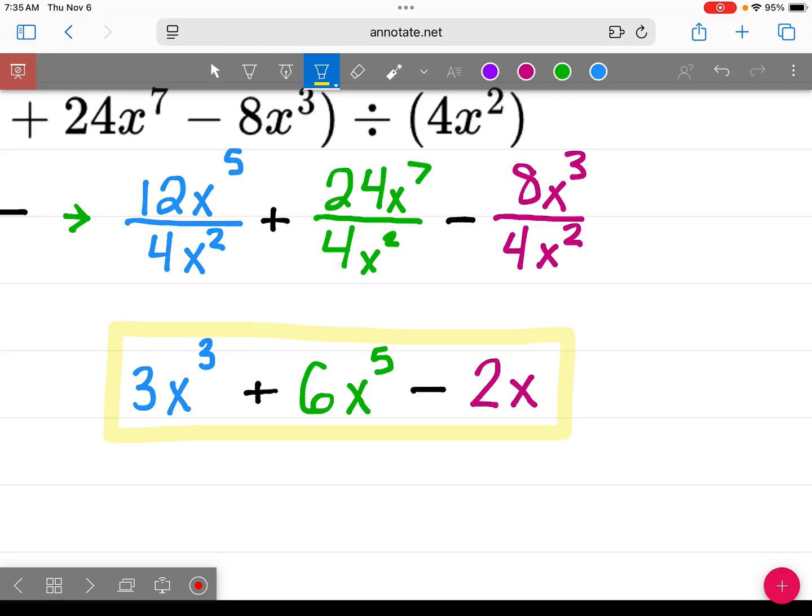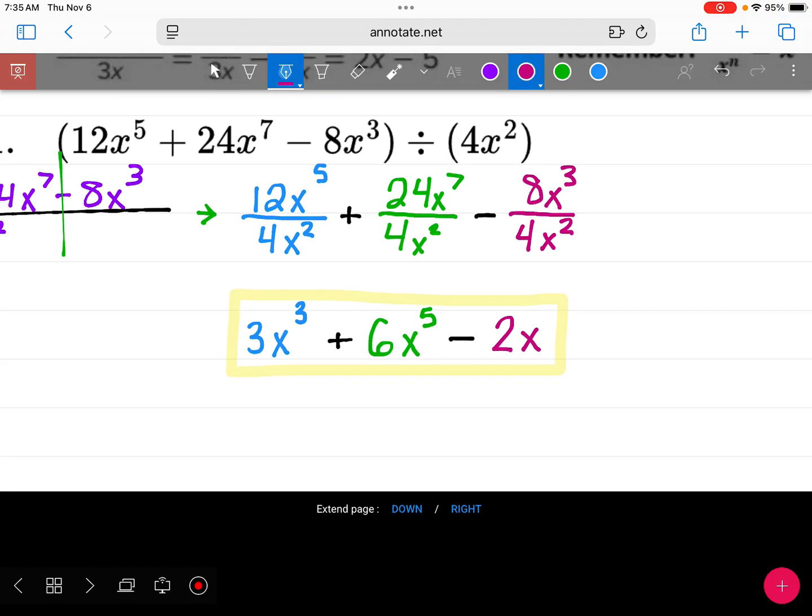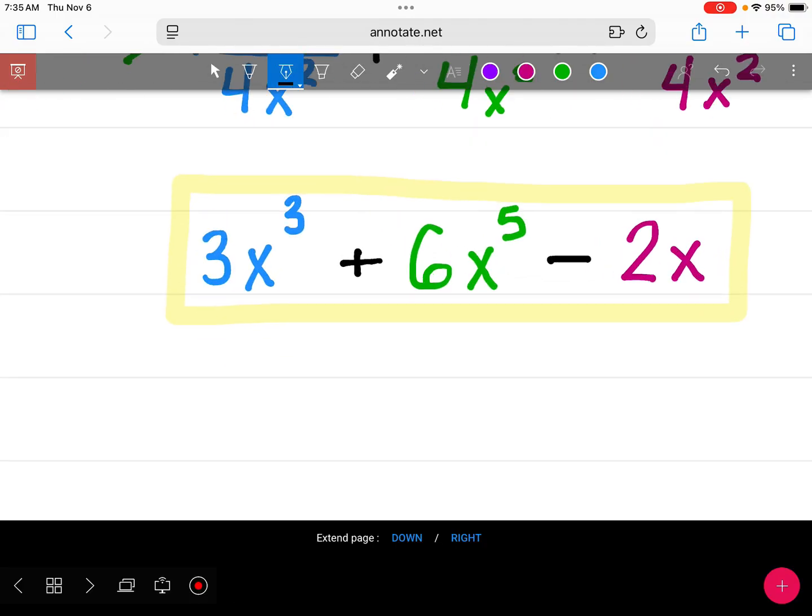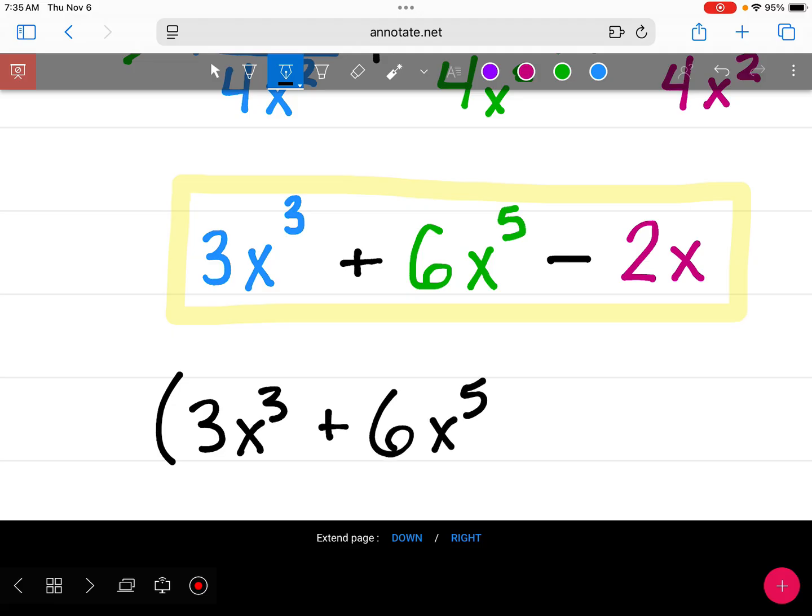What this is really showing is, and this is not something you have to write down, I'm just going to show you guys this: if I took my 3x cubed plus 6x to the 5th minus 2x, and I multiplied it by 4x squared, we would get exactly this.